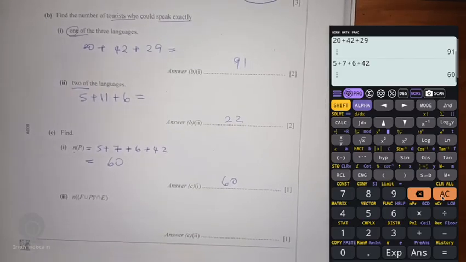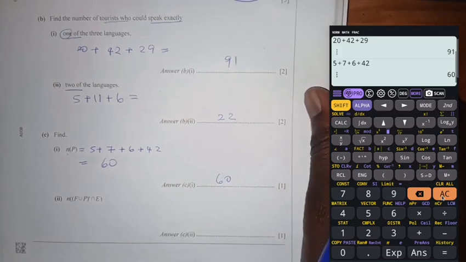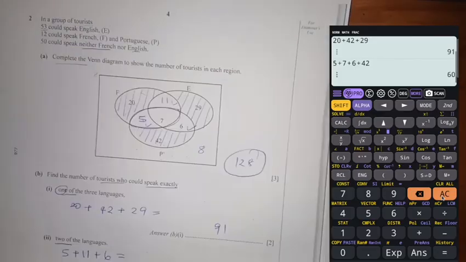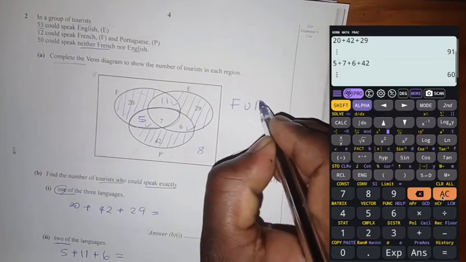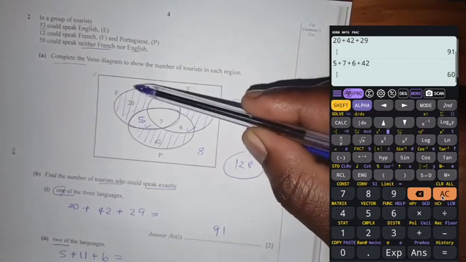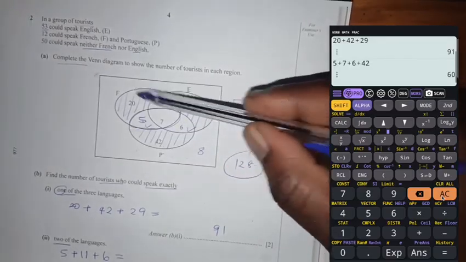Next question. The number of people in F union P intersecting A. Not F union P intersecting A. F union P. What is F union P? It's this circle combined with this one.